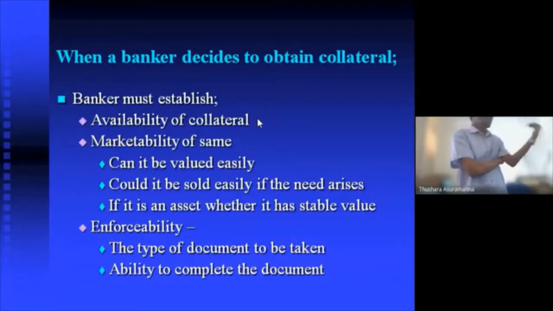Means that there may be documents, but there's no actual land. So that's why we always tell the relationship managers to visit the collateral prior to the credit approval. You need to go and ensure that physically collateral is available, land is available, access is there. That's why we say availability, very important.